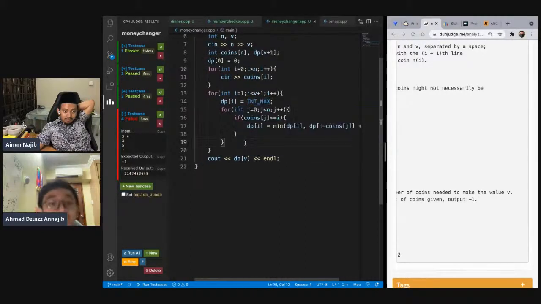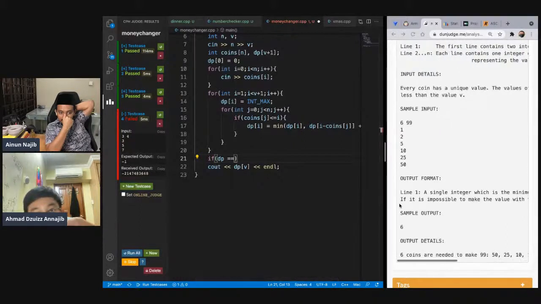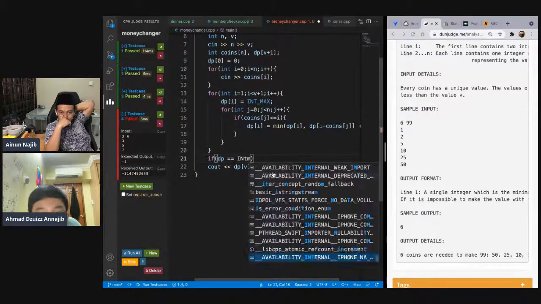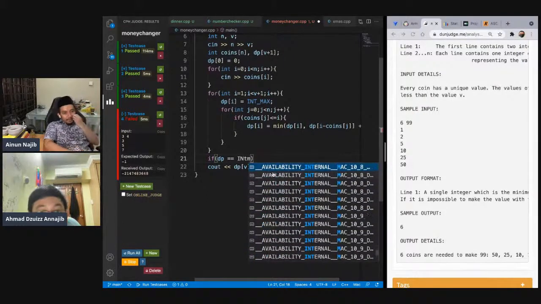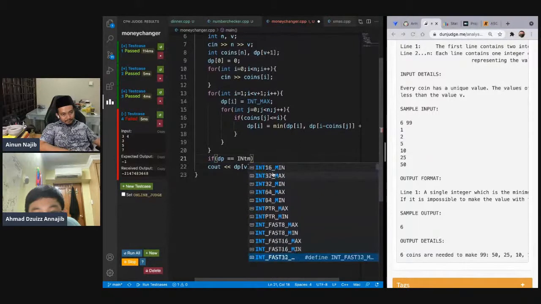So if dp is INT_MAX, then this could be a problem. Oh yeah, this will be a problem, because dp will add INT_MAX with one.